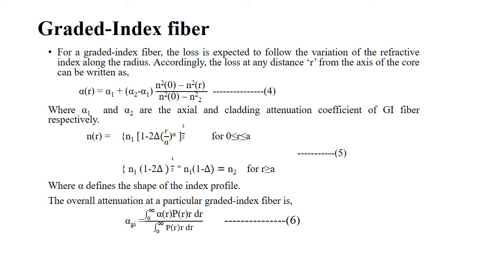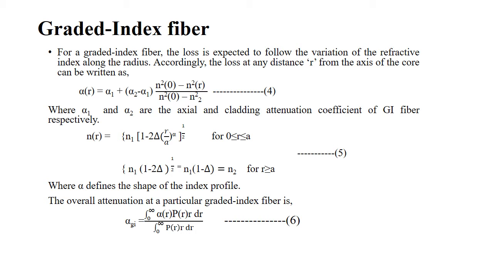So n of r is equal to n1 into 1 minus 2 del into r by a the whole power alpha, the whole power 1 by 2, for 0 less than or equal to r less than or equal to a. The next one is n1 into 1 minus 2 del the whole power 1 by 2, equal to n1 into 1 minus del, equal to n2, for r greater than or equal to a.